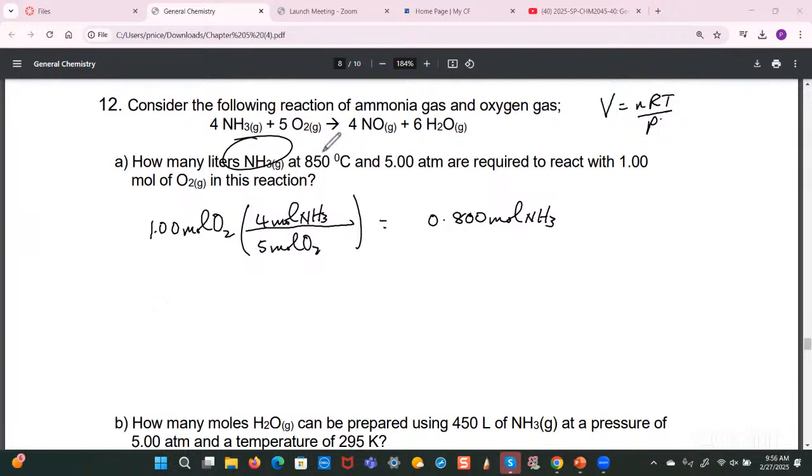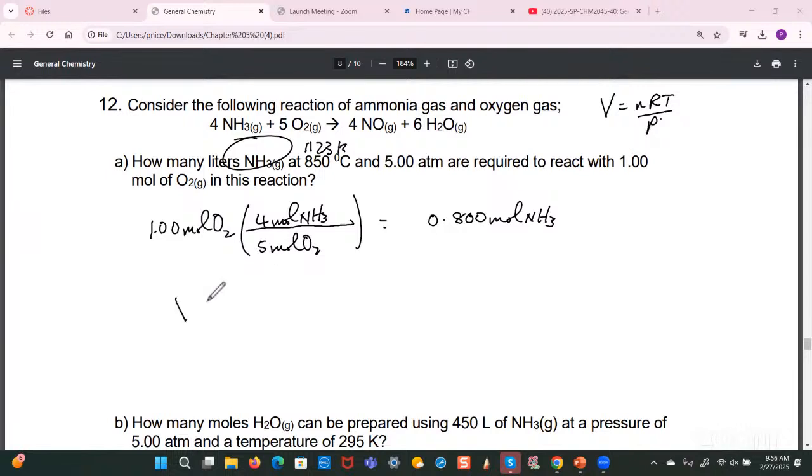Oh, yes, indeed. So what's 850 plus 273? So I got 1123 Kelvin, right? Okay, that's important too. Okay, what next? Okay, into this equation, right?